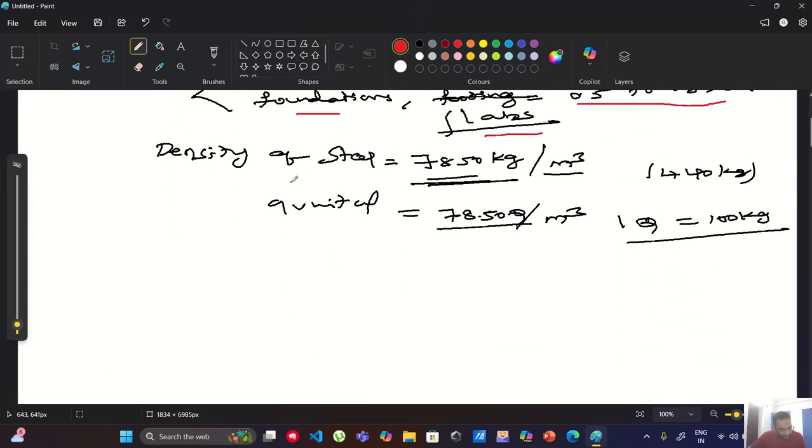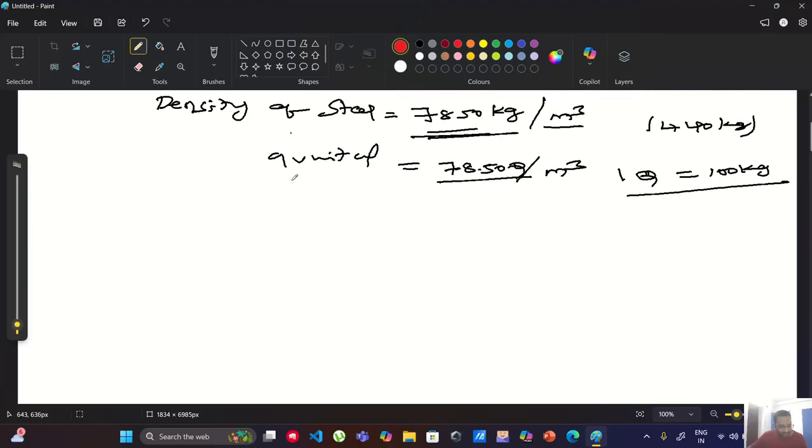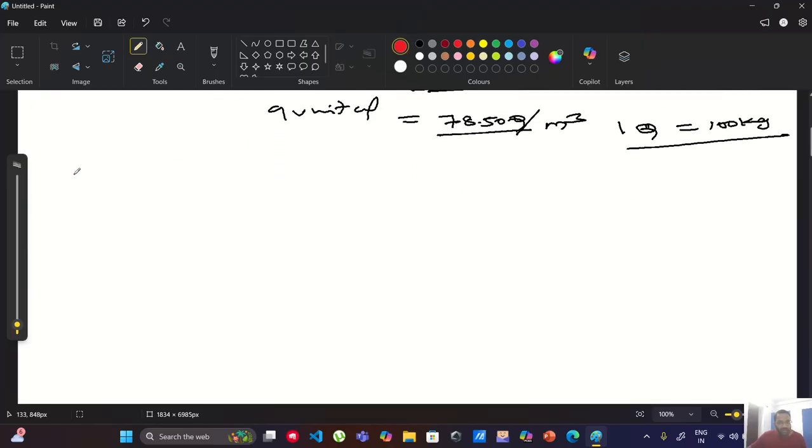Now we'll move to the calculation of the RCC main problem. I'll write the problem here.